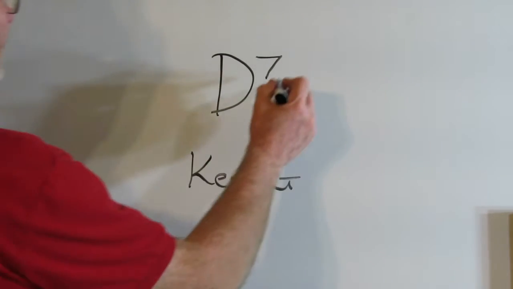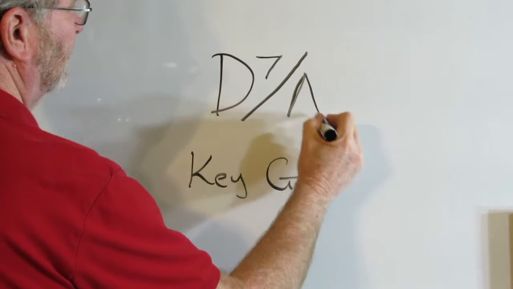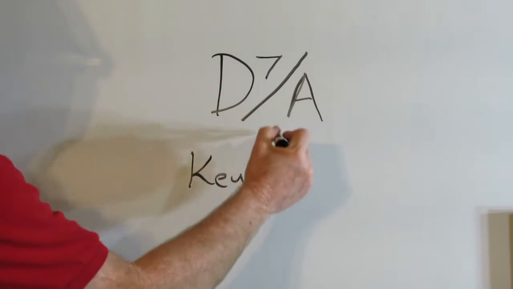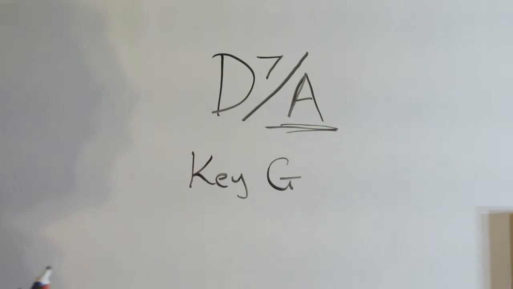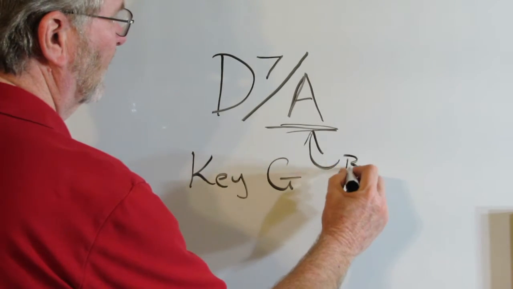Sometimes you'll see a chord written with a slash and another letter. For our purposes, we're going to ignore that other letter. When you see that, typically that's going to be the bass note of your chord.